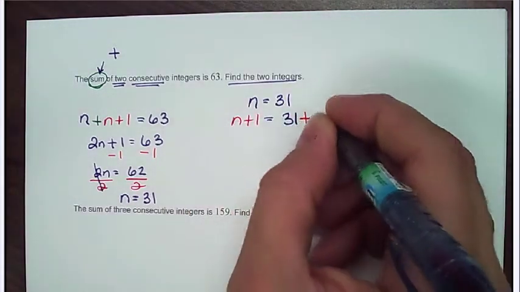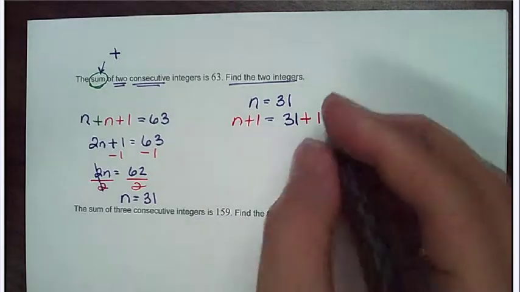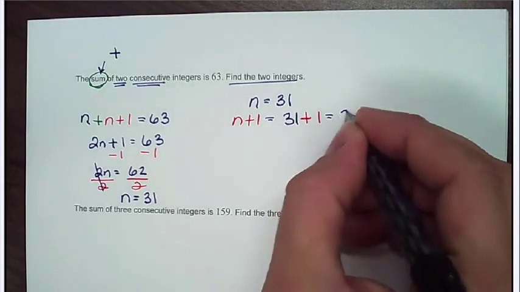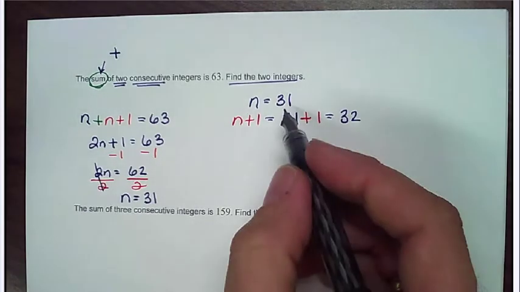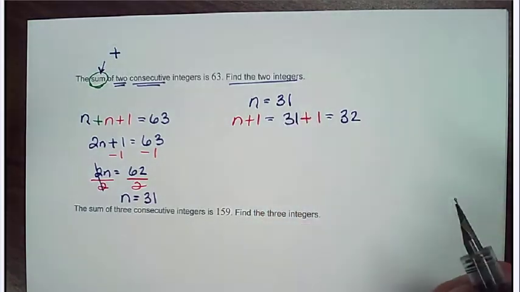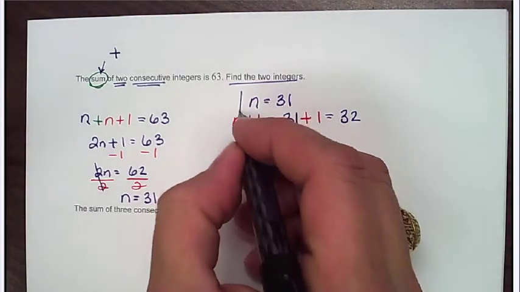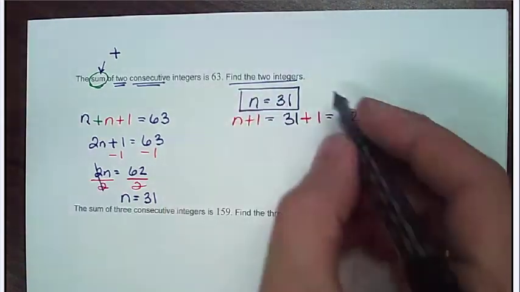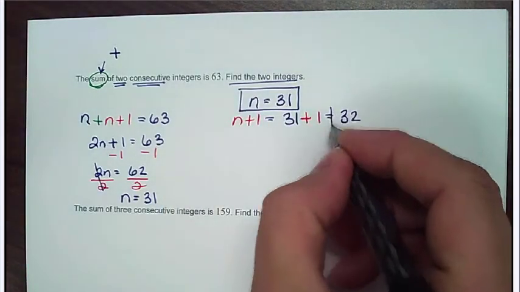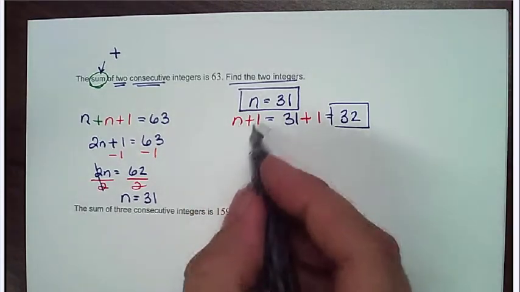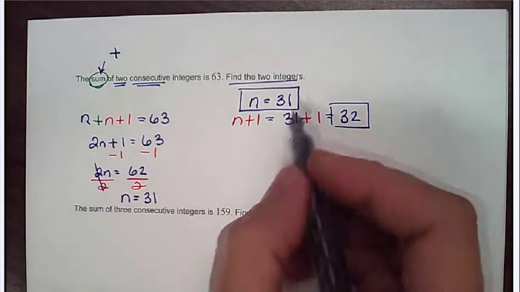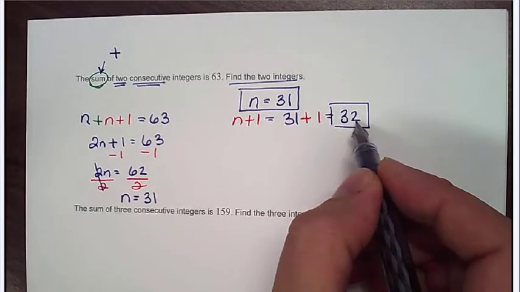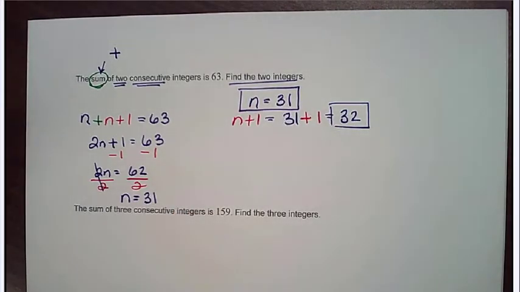So n plus 1 is 31 plus 1, gives me my second integer of 32. Now, is that important for this problem? No. You know that the next consecutive integer up from 31 is 32. But sometimes it gets a little more difficult when you're dealing with negative numbers, so it's always a good idea to plug that in to determine that you're getting the right thing. Another beauty about this section is I can always just add 31 and 32. That's going to give me 63, and we know that we've got the right answer.